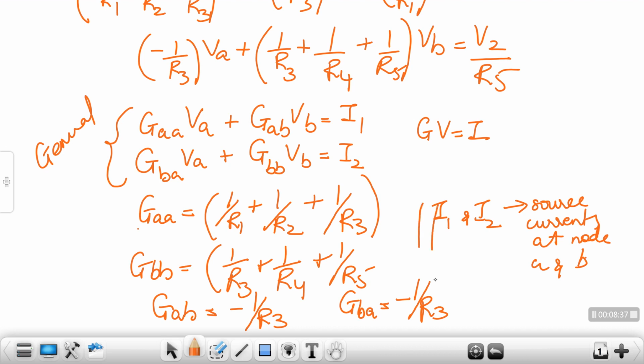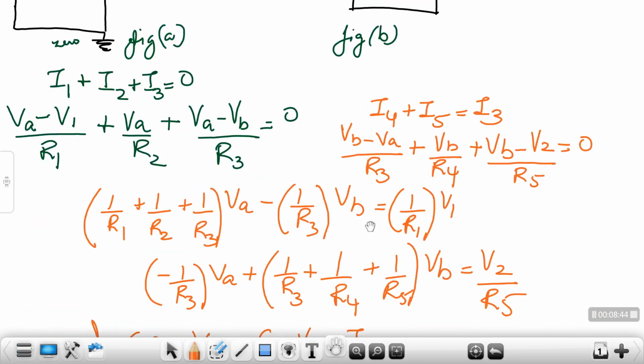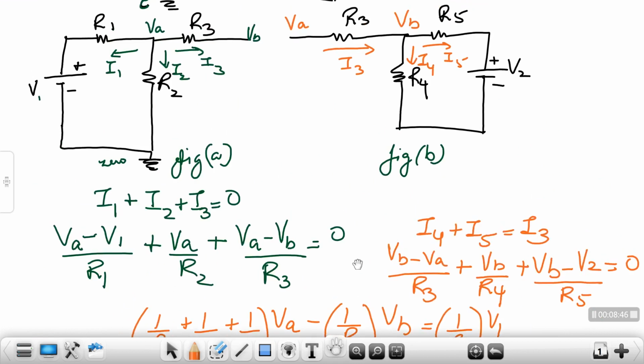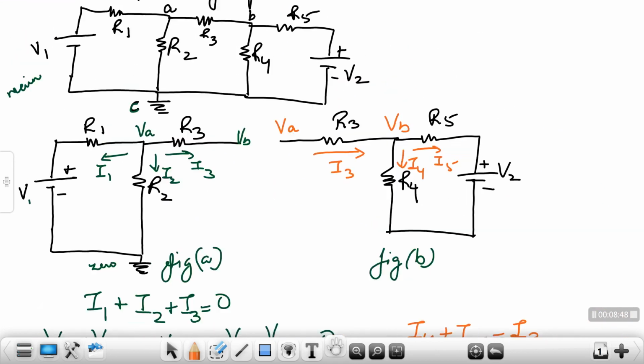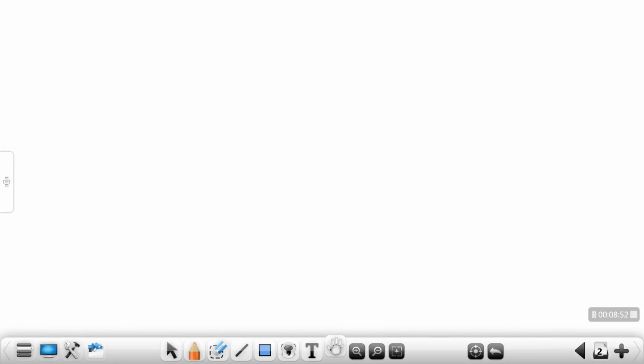Let's go to the next problem. I hope you all have understood how to perform the inspection method. Let's go to the next problem.